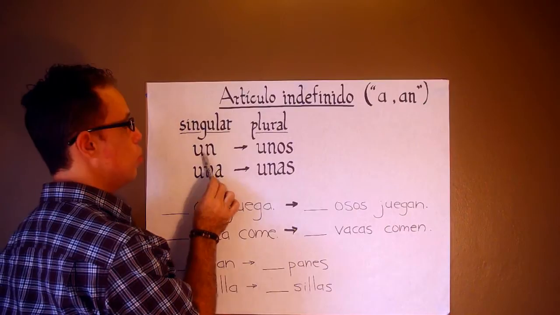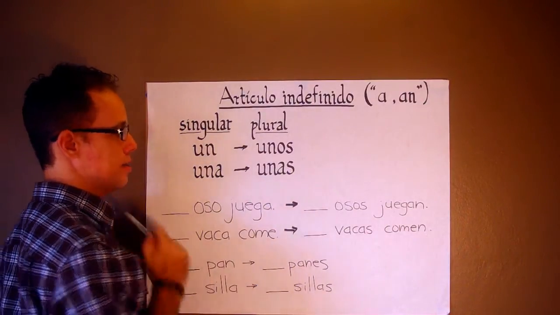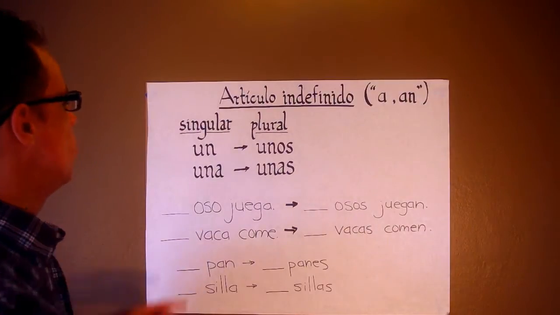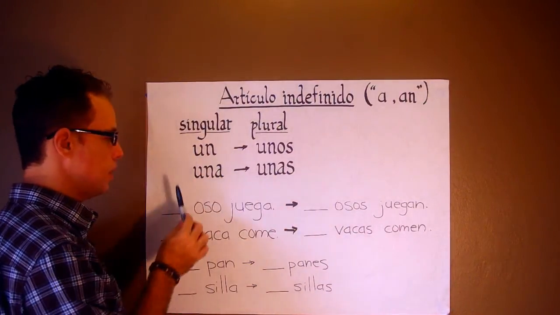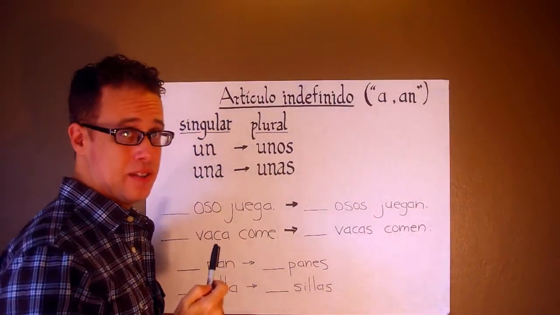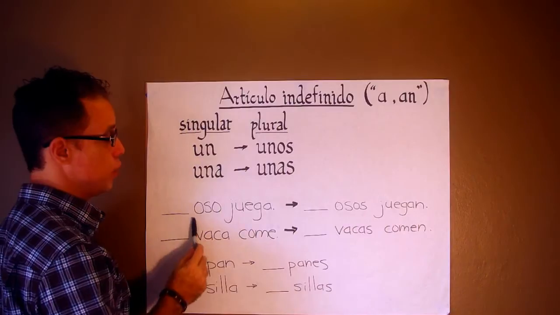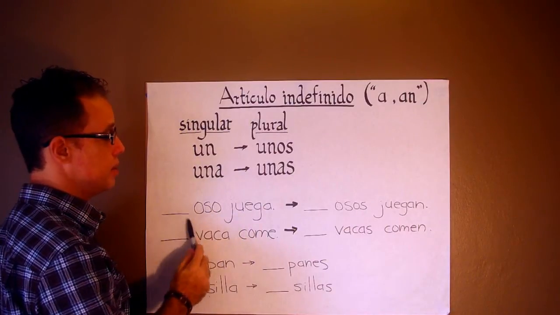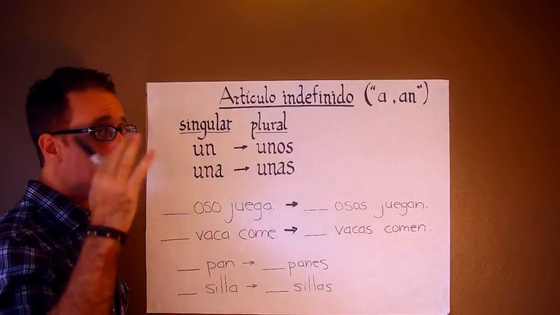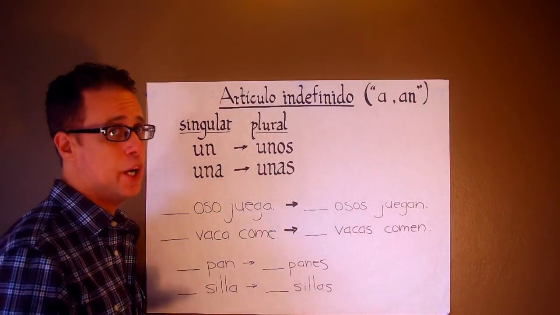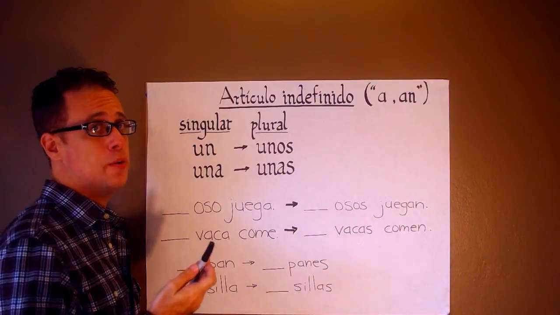Masculine, un, unos. Feminine, una, unas. So let's do the exercise with the same sentences so you see the difference. A bear plays would be un oso juega, because you already know oso is a masculine singular noun. Un oso juega. A bear plays. We don't know which bear, or the interlocutor doesn't know which bear is playing.